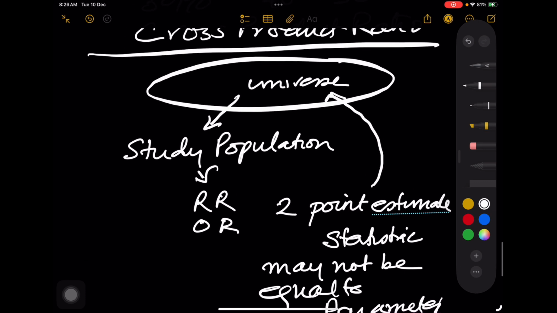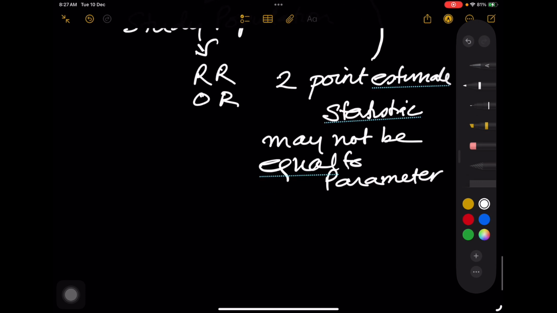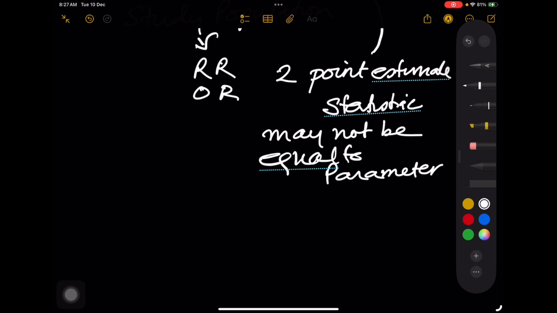Therefore, you convert the point estimate into an interval estimate. You can say 1.5 to 2.5. 1 is in between, 2 is in between. This becomes the interval.